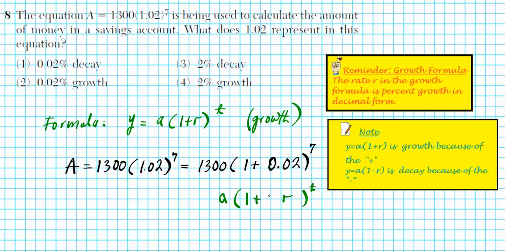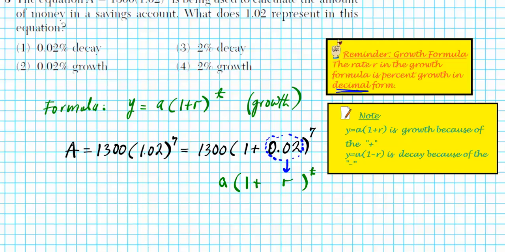As you can clearly see, this number that has been added to 1 is the growth rate in what form? In decimal form. Please keep that in mind. Okay, so let's go ahead and write that down. The growth rate r is equal to 0.02 in decimal form.